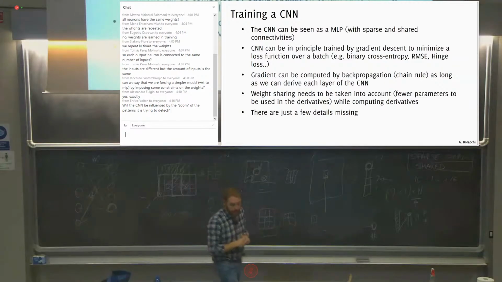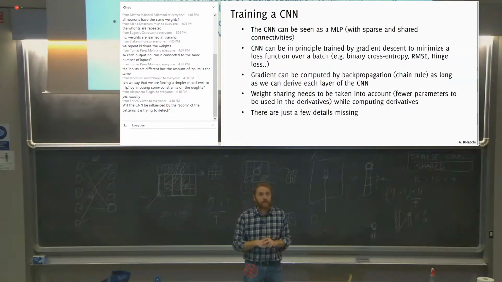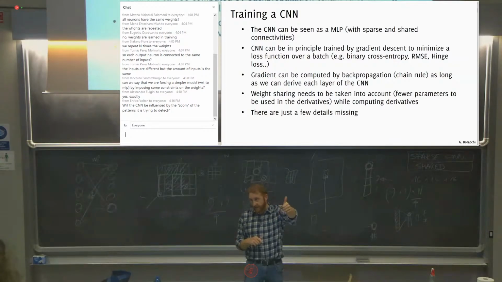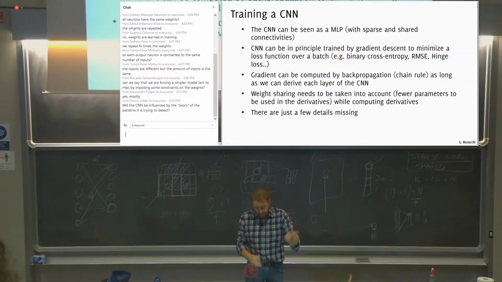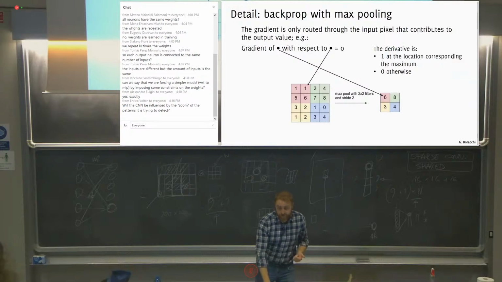So the only detail missing is just what to do with the max pooling. Because for convolutional layers we can derive, and for dense layers we can compute the derivative, the same for convolutional layers. The ReLU is not a problem.